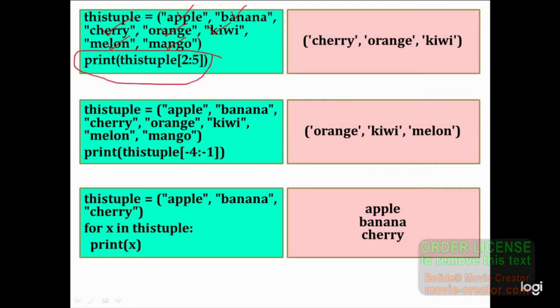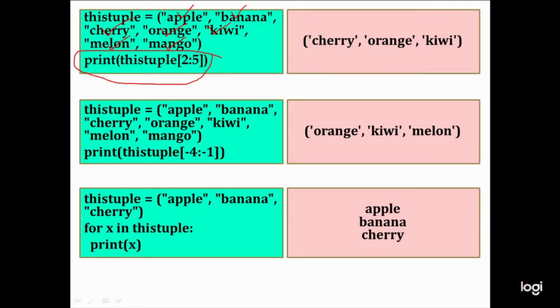Instruction is given to print tuple items from 2 to 5. 2 means 0, 1, 2: cherry. In position 2, cherry is stored, and you have to print data items up to 5.